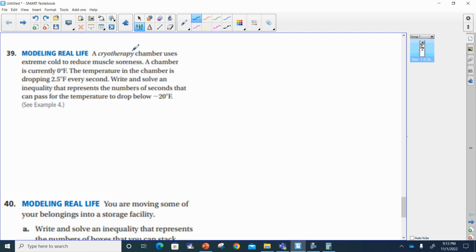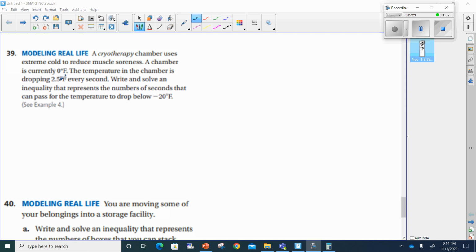The cryotherapy chamber uses extreme cold to reduce muscle soreness. A chamber is currently 0 degrees Fahrenheit. The temperature in the chamber is dropping 2.5 degrees Fahrenheit every second. Write and solve an inequality that represents the number of seconds that can pass for the temperature to drop below -20 degrees Fahrenheit.